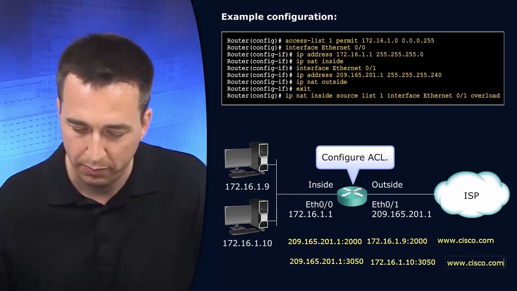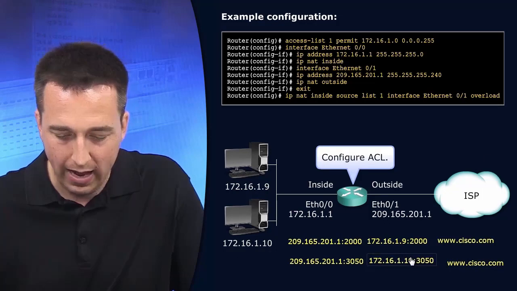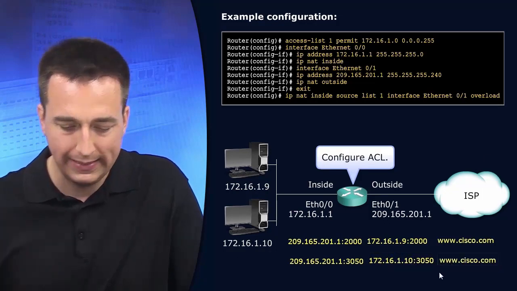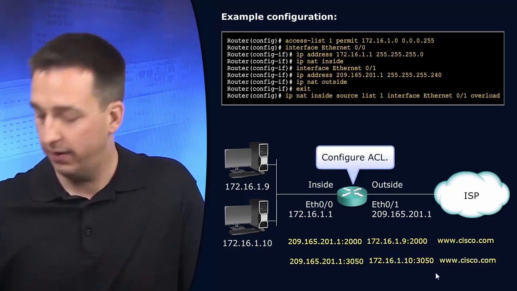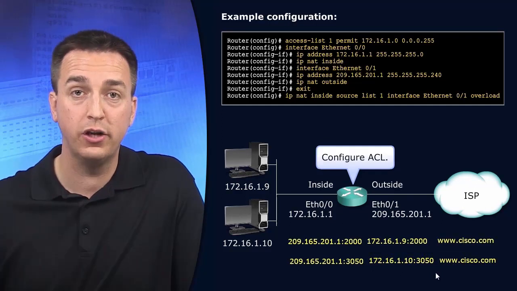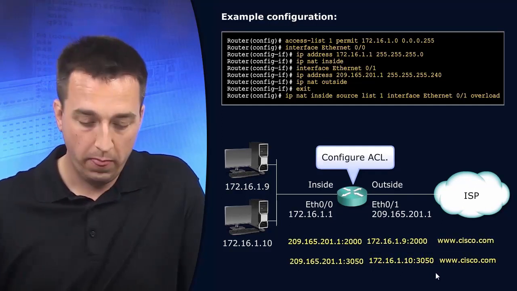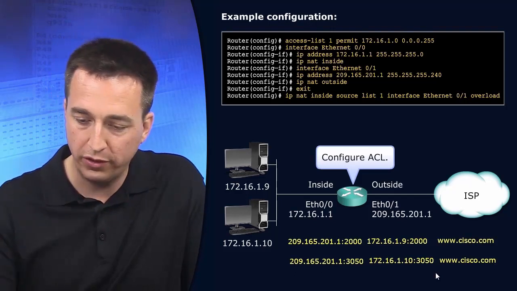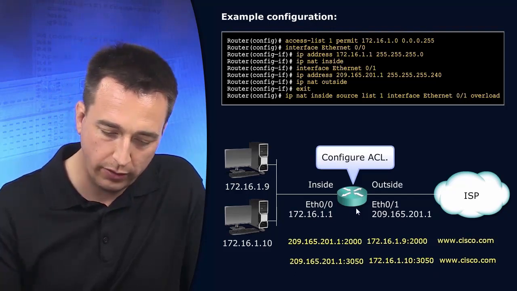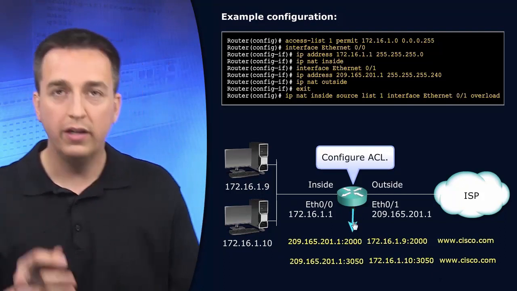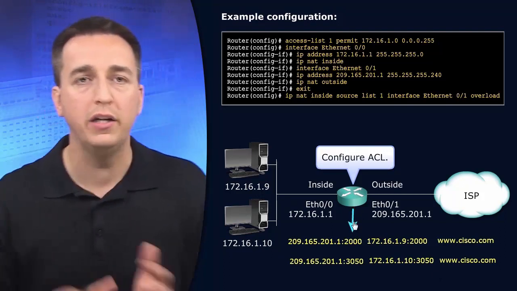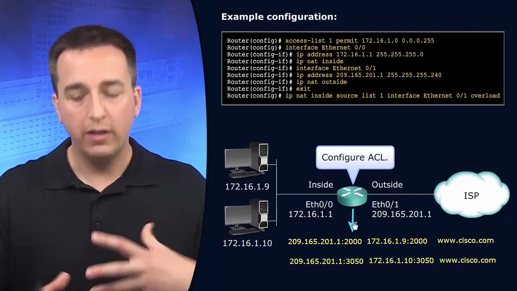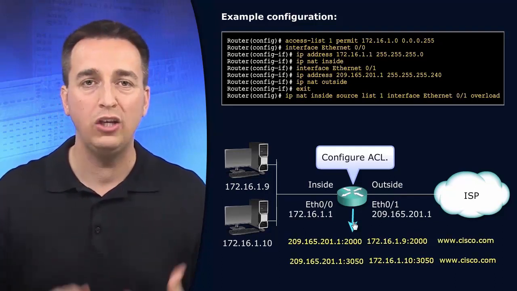So here's what happens. We have both PCs sending a packet to www.cisco.com. They're using different port numbers, though. So what happens on the router is the router is going to translate the private IP address of .9 and .10 to the public address, but preserve that port number that's being utilized.